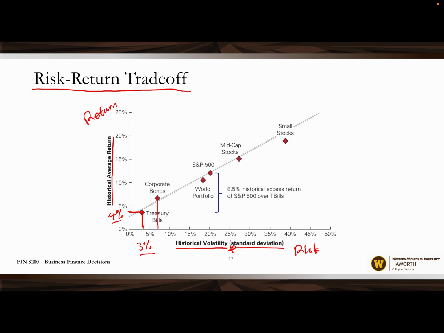For corporate bonds, maybe this is like 7% and maybe 6%. For the S&P 500, the largest 500 stocks in the US, maybe 21% and 12% return, and so on.